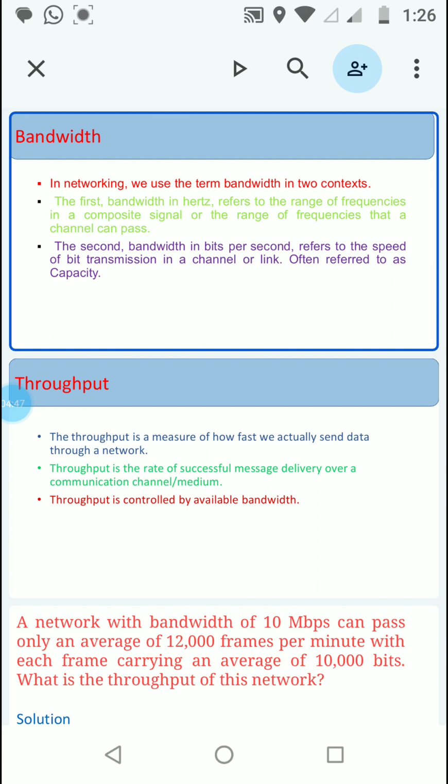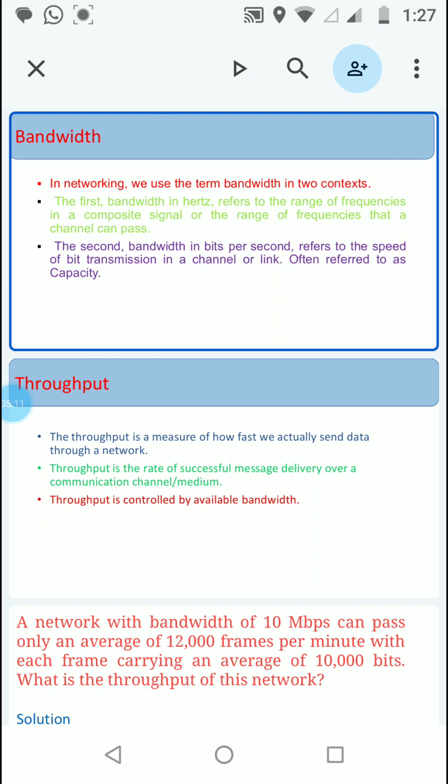Bandwidth in hertz refers to the range of frequencies that the channel can pass. For example, the bandwidth of a subscriber telephone line is 4 kilohertz. The next context is bandwidth in bits per second. Bandwidth in bits per second refers to the speed of bit transmission in a channel or link.